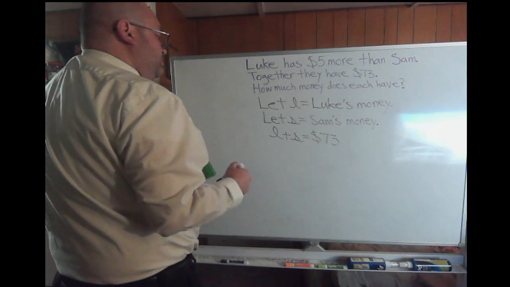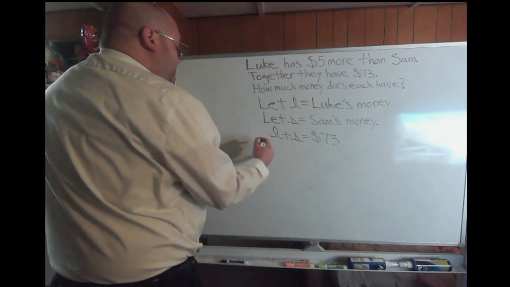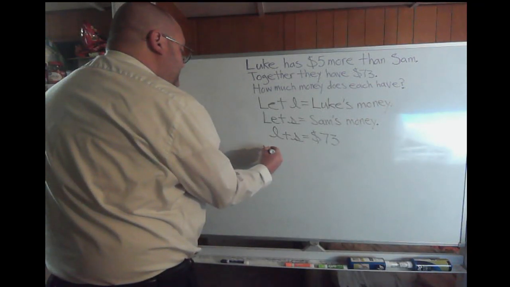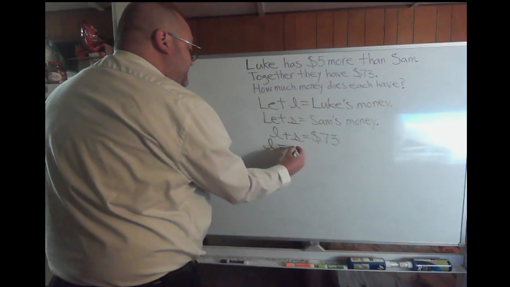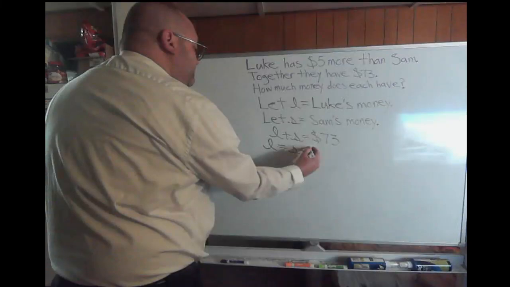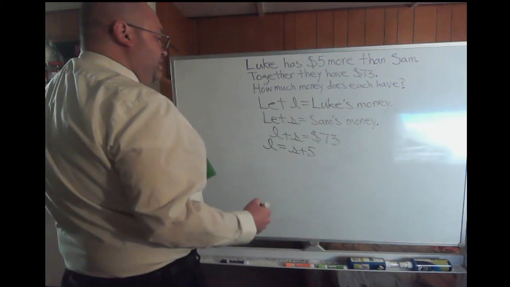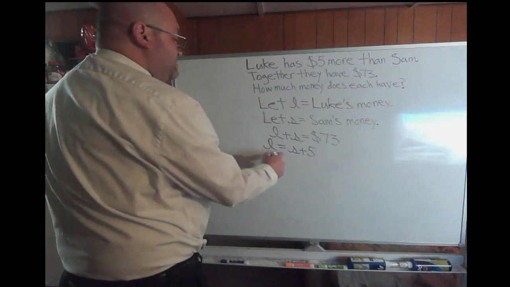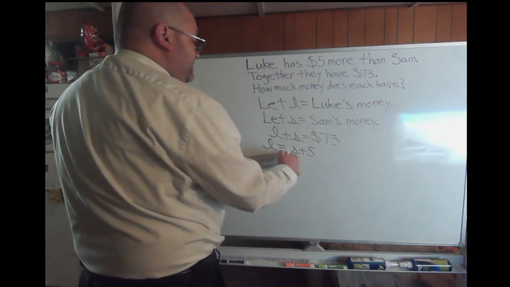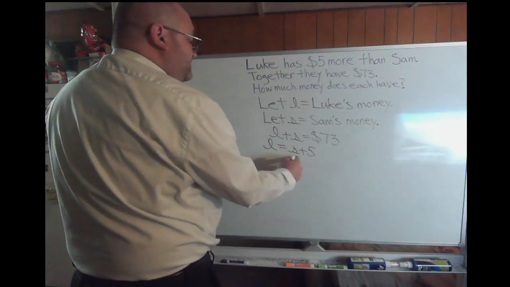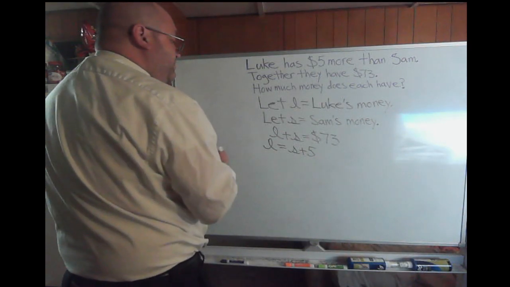So what that tells you is, since Luke has $5 more than Sam, Luke has equals Sam's plus 5. Luke has, which means equals, has also means equals in this setting, $5 more than Sam's. So it's going to be Sam's amount plus 5.